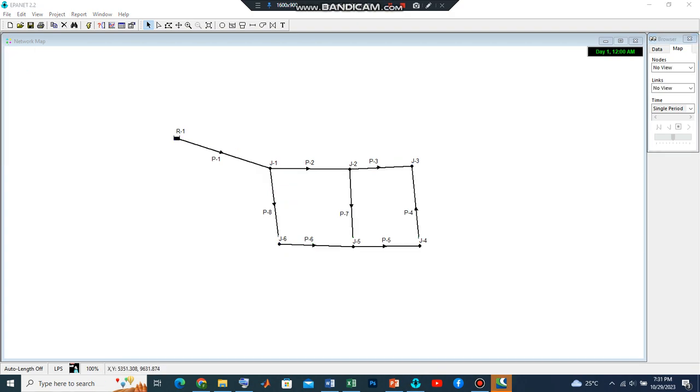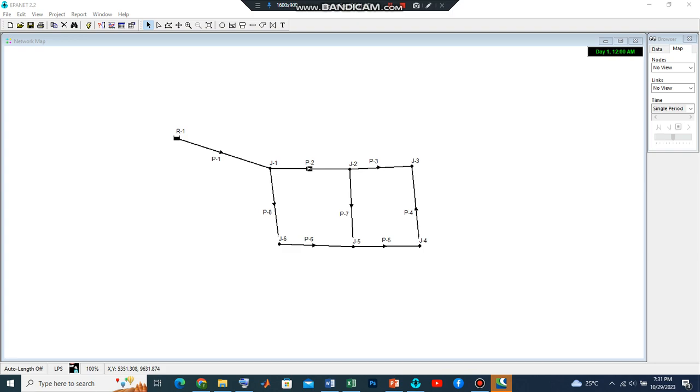So let's explain a few things. The criteria that can be adopted for the various parameters, in this case the pipe sizes, the velocity, the pressure, and so on, are dependent on standards of a given municipality.